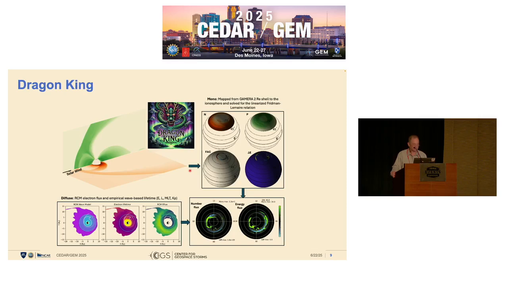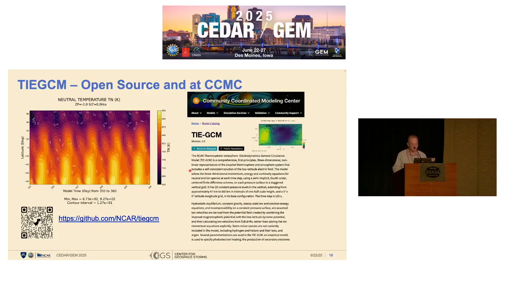Okay. And then the last model in the suite that comes into play is the TIGCM, the thermosphere-ionosphere general circulation model. As I mentioned, TIGCM 3.0 has just recently been released. Haonan Wu has got the paper out on that.